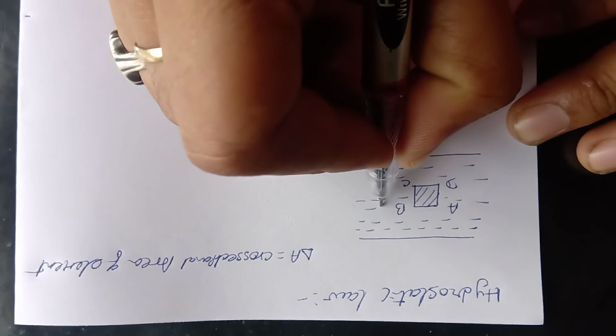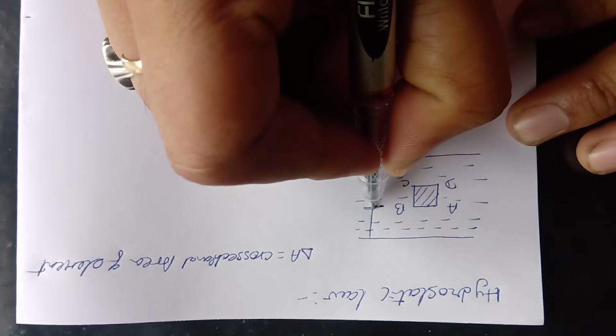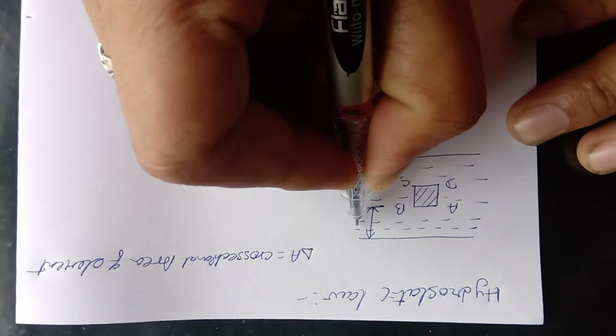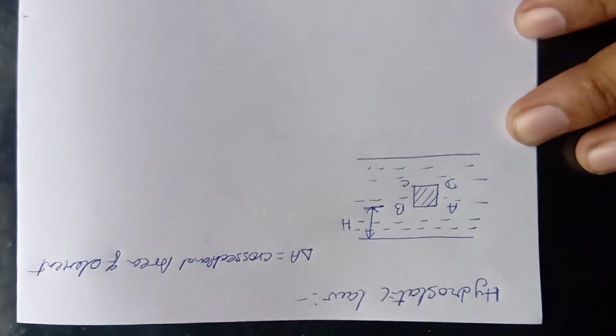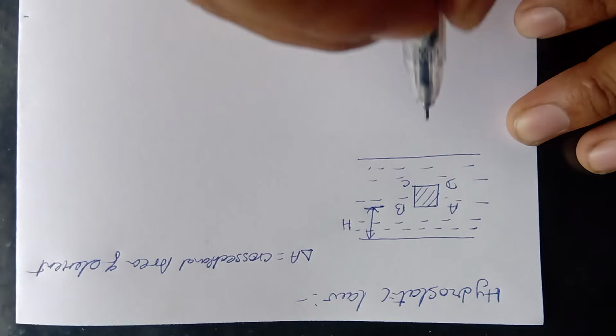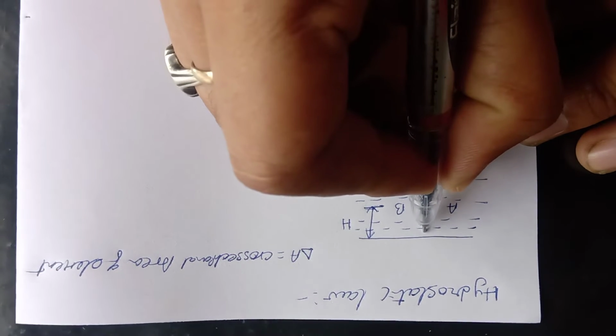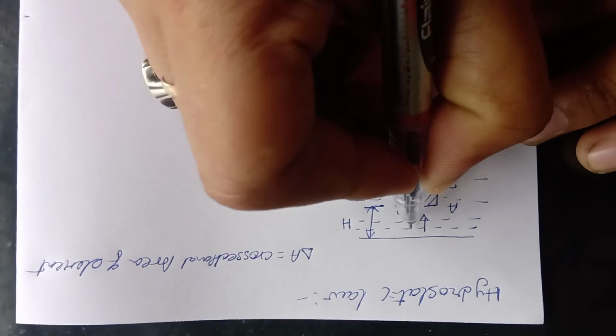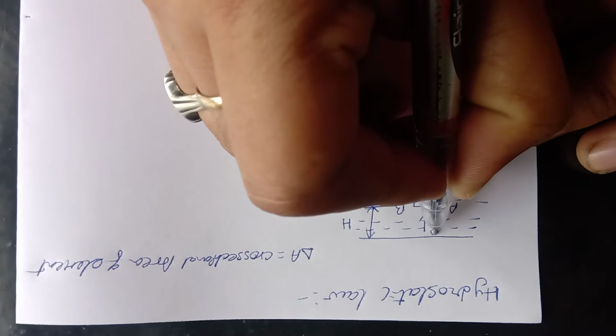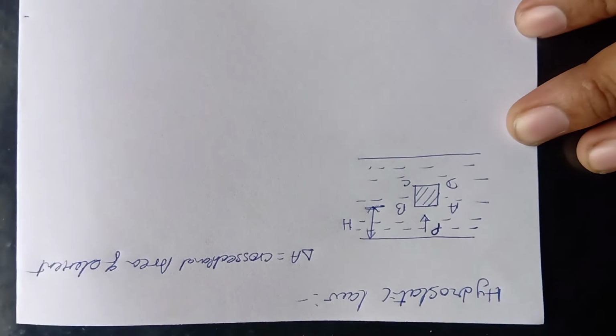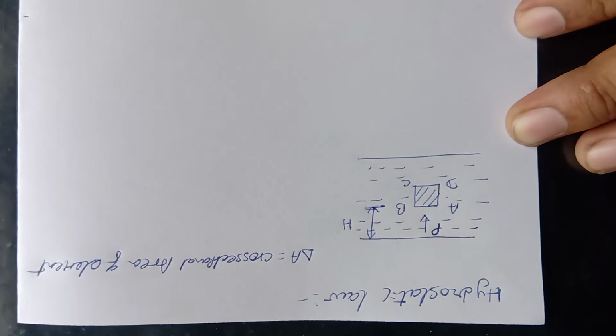Next, if this represents the height or depth h, and pressure P is acting on this element, so the pressure is P acting on the face AB.